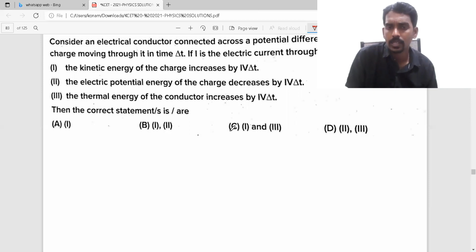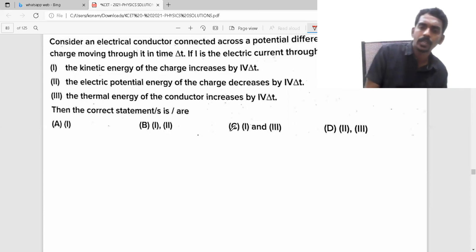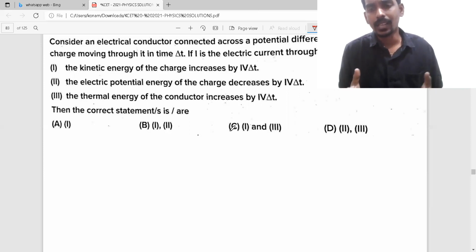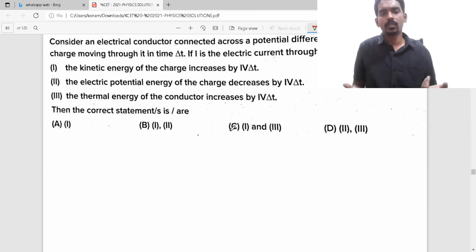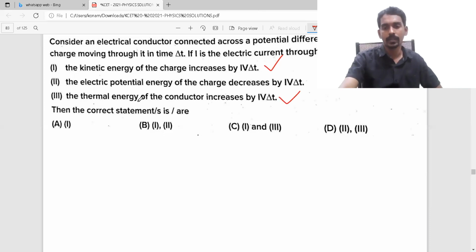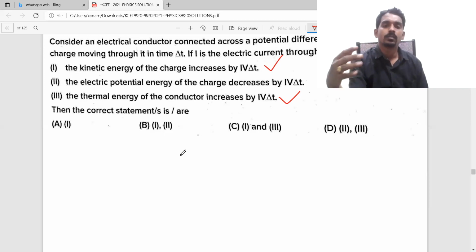So the work done or heat energy developed equals V into I into delta T. And as the charge is getting accelerated, definitely you can say that kinetic energy increases. So I am thinking maybe 1 and 3 are correct. Let's see if any changes come in the official key. So you just have an idea about it, just search about it.